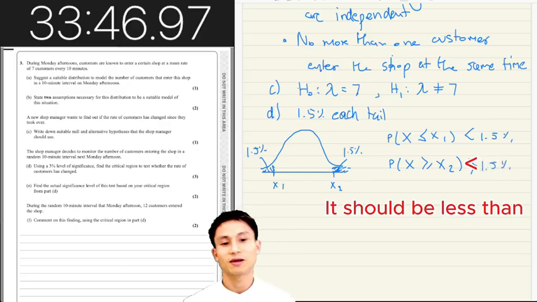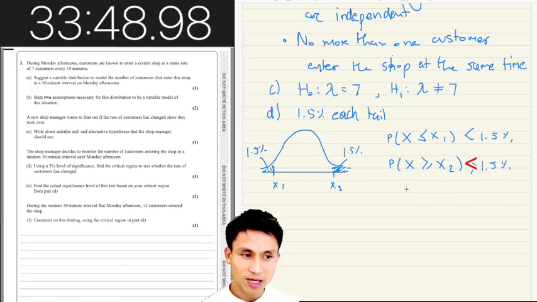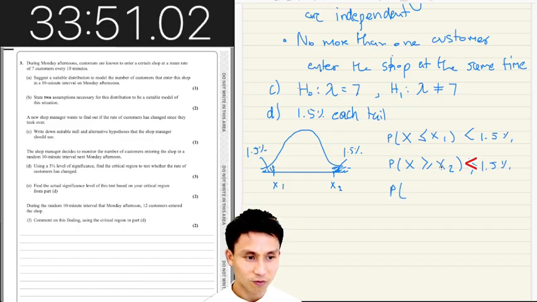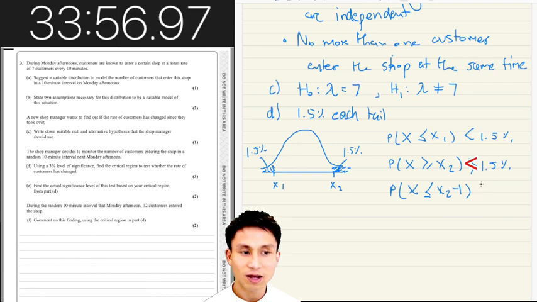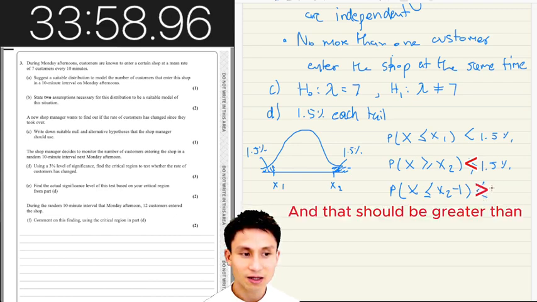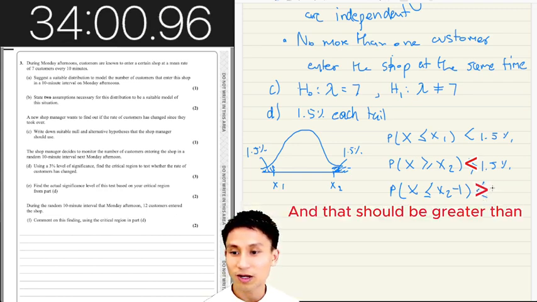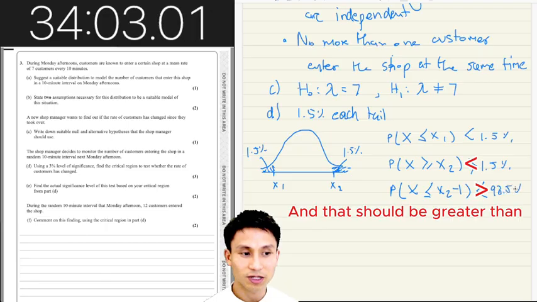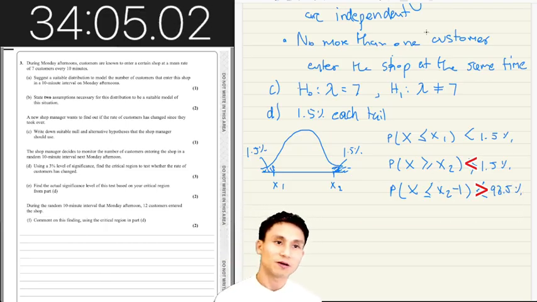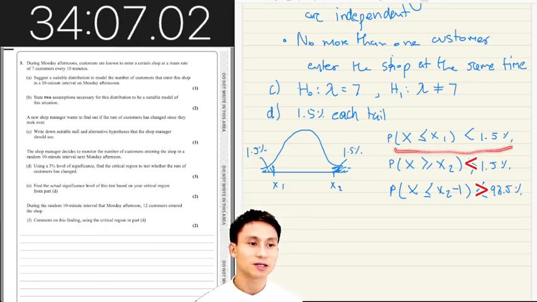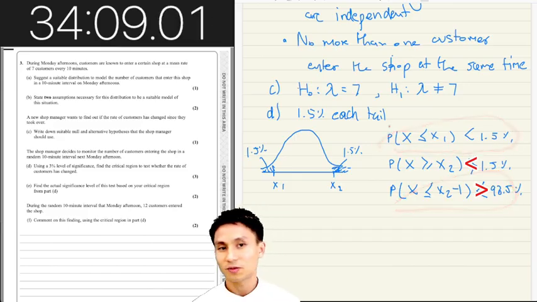So if we derive from x2, the probability that x is less than or equal to x2 minus 1 would have to be greater than 98.5%, right? So we are focusing on these two parts, because it's two-tailed.